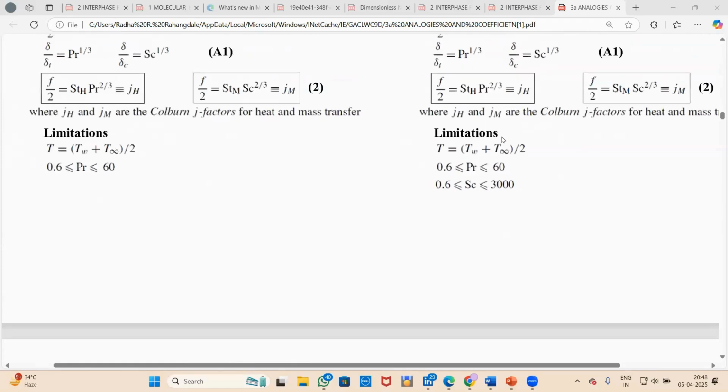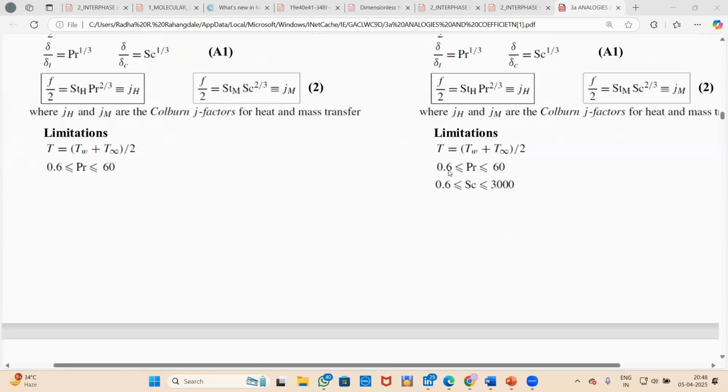Also, there is some discrepancy. If your Prandtl number is near the boundary, like 0.625 or 59.75, then the error will be greater. The approximation will not be that accurate; the error will be much.